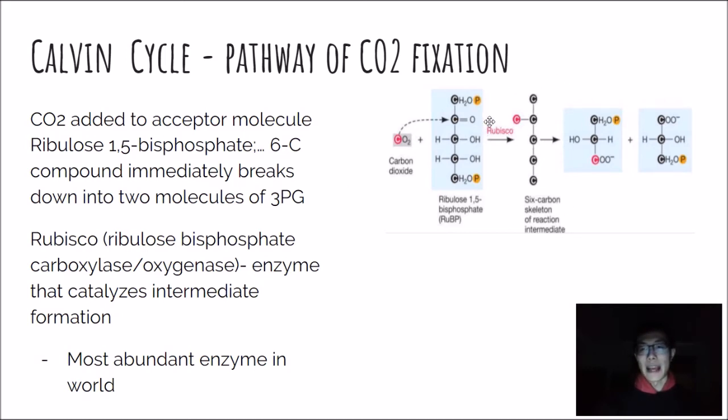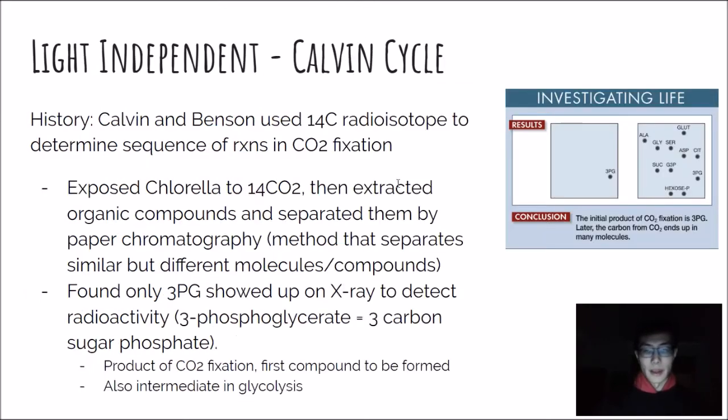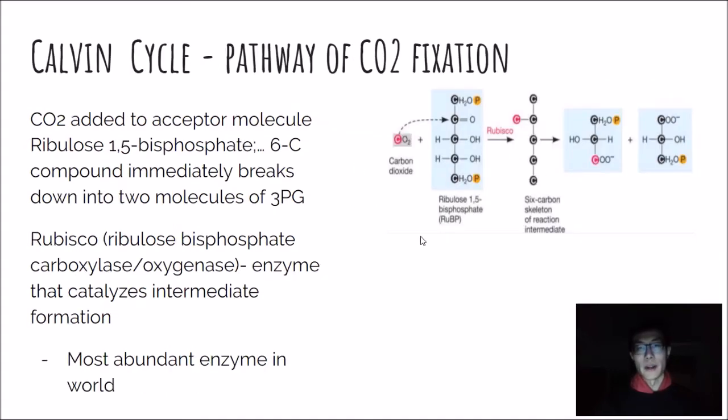Once Rubisco catalyzes this reaction, this 6-carbon intermediate immediately breaks down into two 3-carbon molecules. These are called 3-PG, or 3-phosphoglycerate.